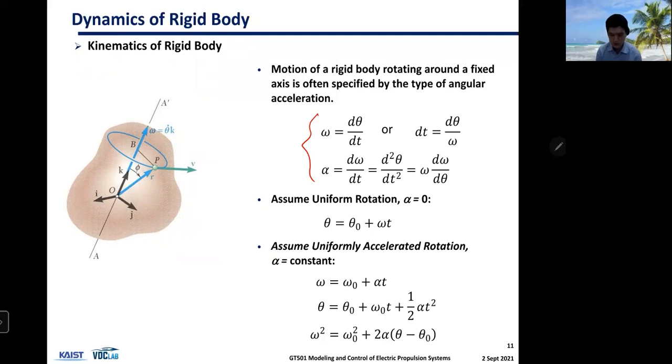Okay, so derivative of position is angular speed, which is omega, and derivative of that is angular acceleration.